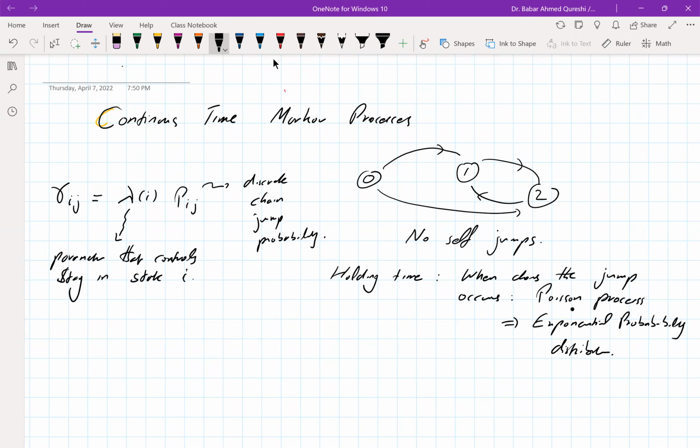Now, if you recall, these are the transition probabilities.